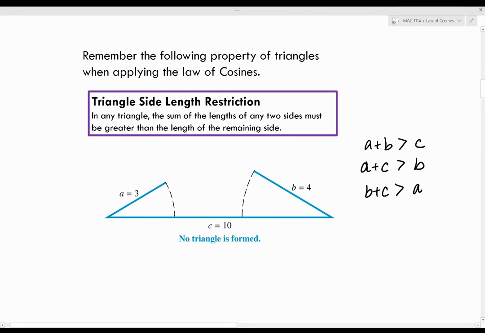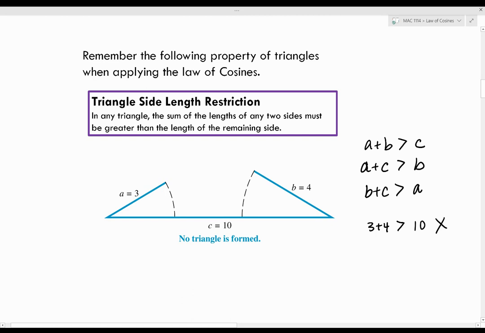All right, so let's check. We have A plus B in this case, which would be 3 plus 4. Is that greater than 10? No, it isn't. So automatically this would fail. Now, this needs to hold for every single combination of sides. For example, B plus C would be 14, which is bigger than A. That would have been fine.